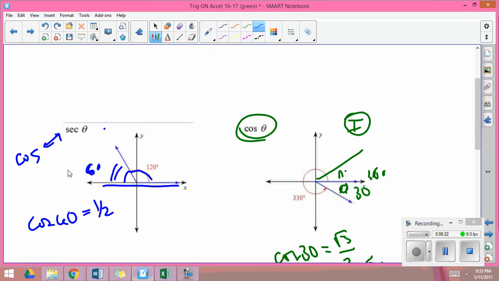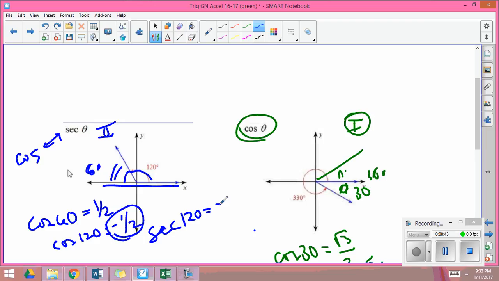Now, we're over here in quadrant 2, cosine is negative, and so the cosine of 120 is negative 1/2. And if the secant and the cosine are reciprocals, then the secant of 120 is the reciprocal of this, which is negative 2.